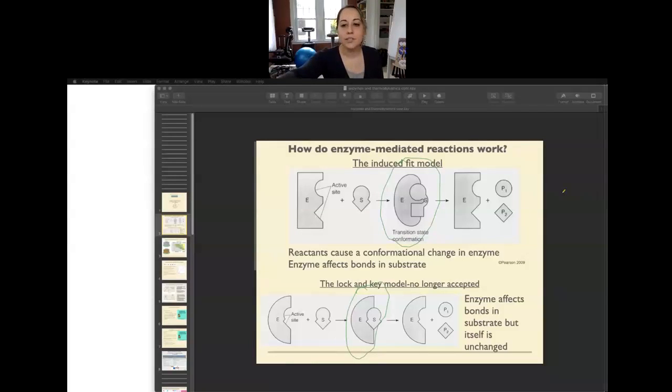And this is really important because the enzyme changing was originally not predicted in the bottom lock and key model.